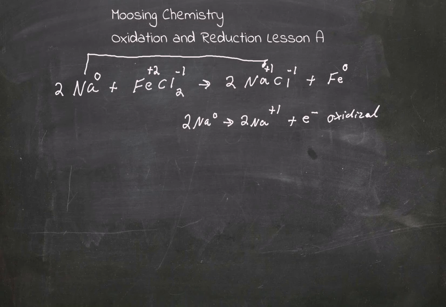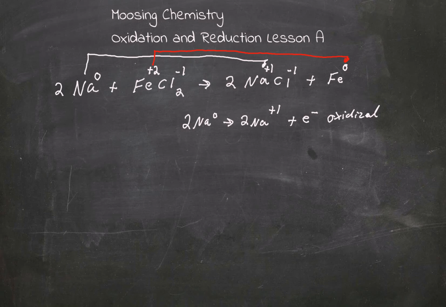Okay, let's look at the iron. Now the iron went from +2, so we're going to change the color real quick. So the iron goes from +2 to 0. Now, when the iron goes from +2 to 0, it's going to gain 2 electrons.